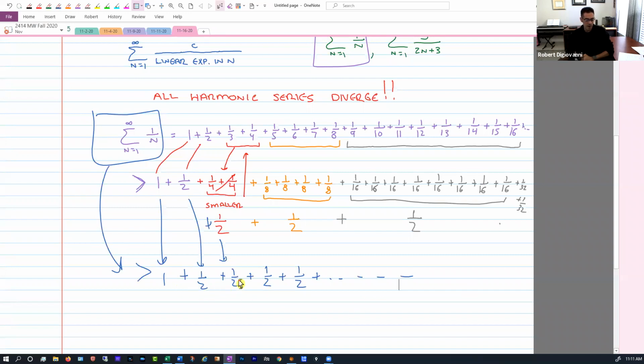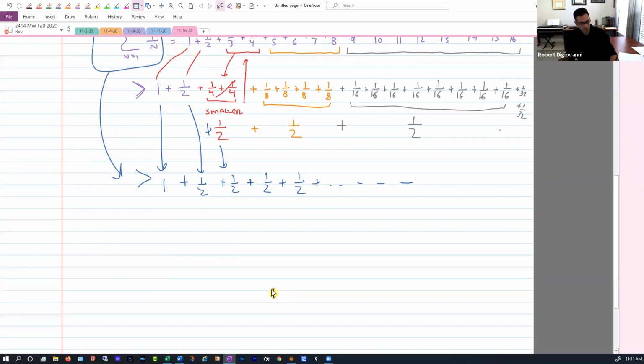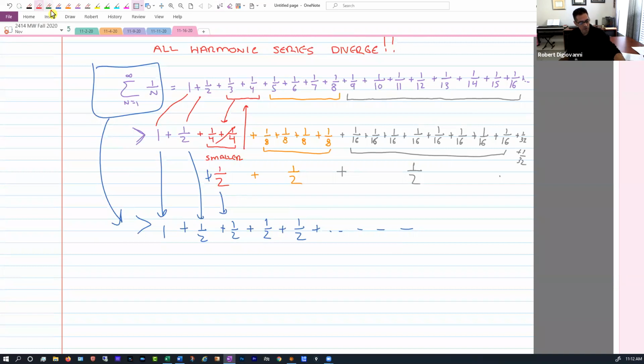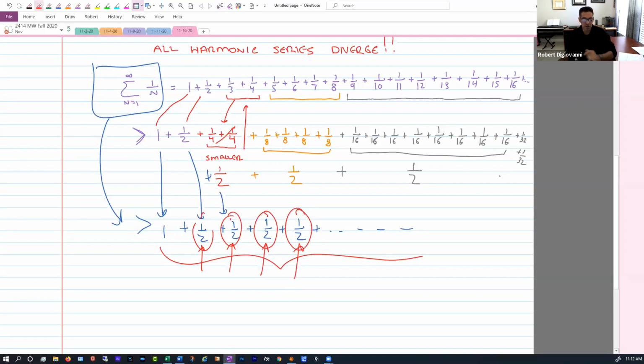But this right here, if you look at this, this will diverge. The reason this diverges is because the individual pieces, the individual numbers we're adding up, are not getting smaller. They're not going to 0. They're actually headed to 1/2. And we know that whenever the terms, the numbers inside of a series, don't go to 0, then the series diverges.